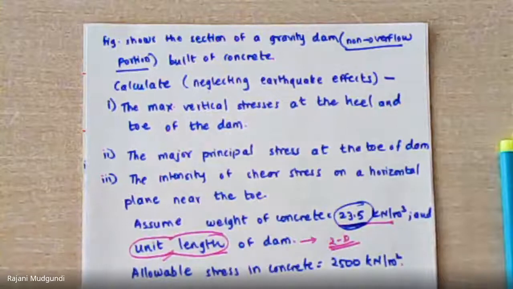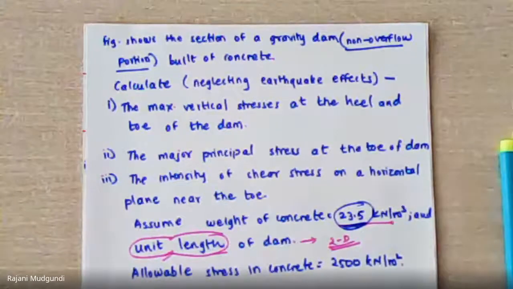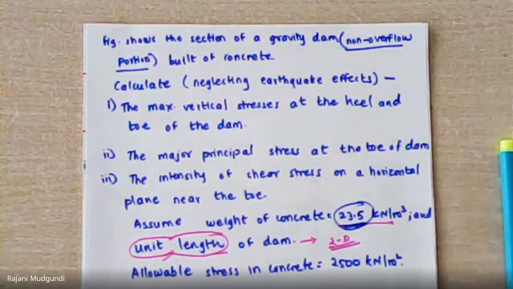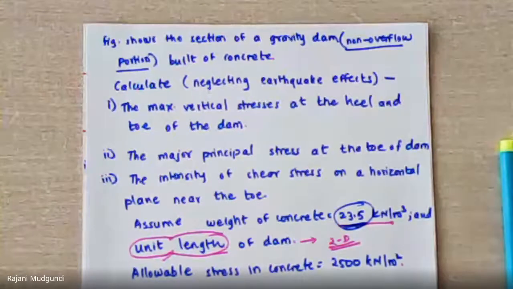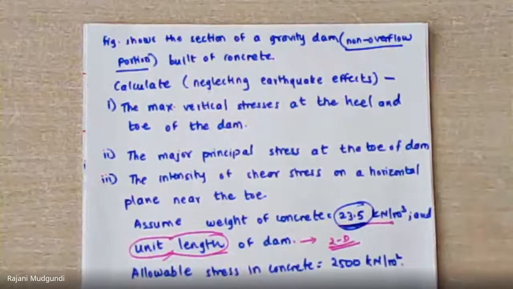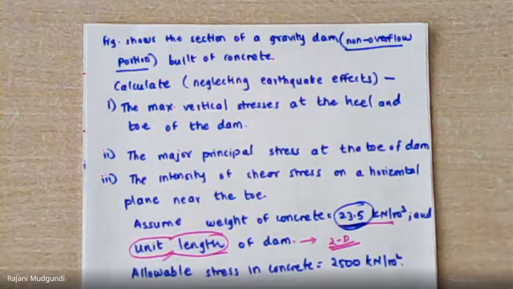In the previous lecture, we have discussed the two-dimensional analysis of a dam cross-section. In the problem statement, they have provided a section of a gravity dam, the overflow portion, which is built of concrete.